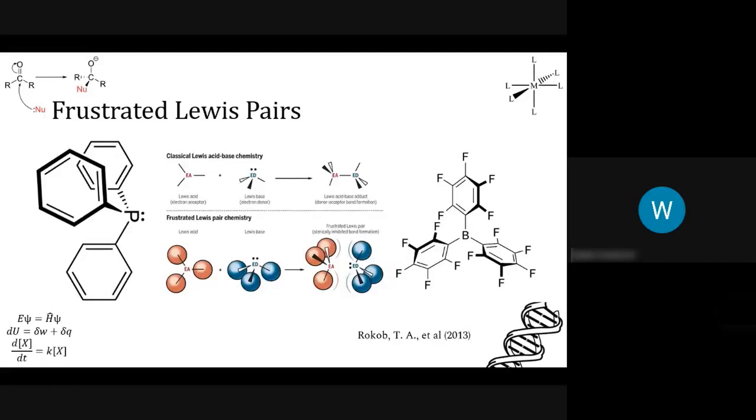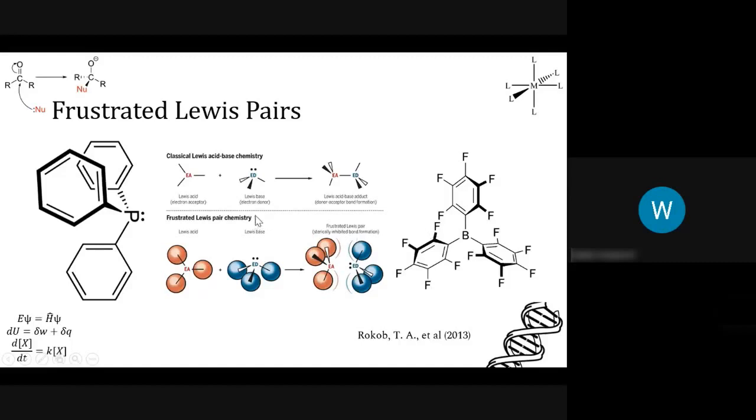So before we actually dive into how this enzyme works, let's look at this concept called frustrated Lewis pairs. In normal Lewis acid-base chemistry, the Lewis acid, an electron acceptor, accepts an electron pair from a Lewis base, an electron donor, to form a bond. However, in frustrated Lewis acid-base chemistry, what we have is the Lewis acid, in this case the pentafluorophenylborane, like this thing over here, which has three bulky pentafluorophenyl groups.